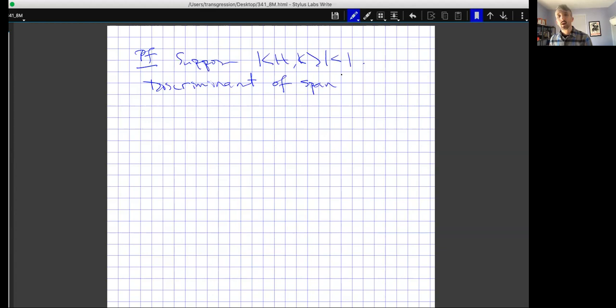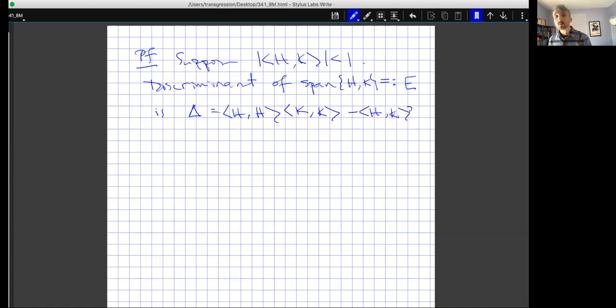So that's the span of h comma k. I'll call that E. And this discriminant is, now we're going way back to all that chapter 1 stuff we learned about. And this is why we did all of it.